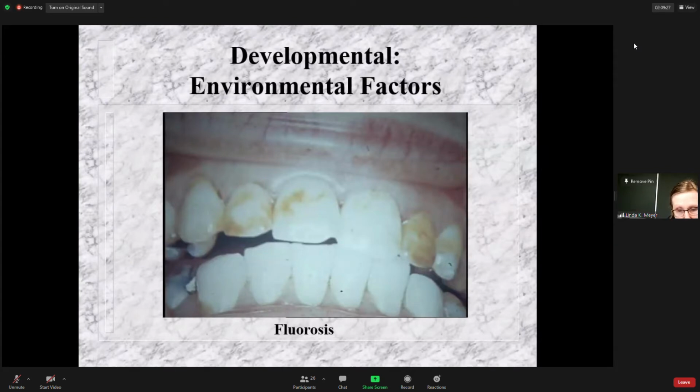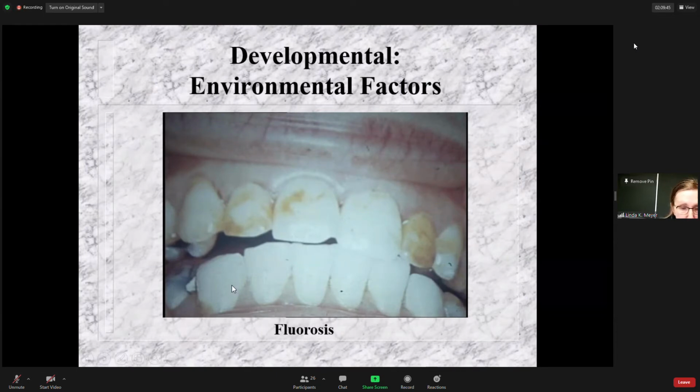In contrast, I mentioned congenital syphilis as an environmental factor that can cause developmental anomalies. Another example of an environmental factor is how excessive fluoride can affect tooth development.